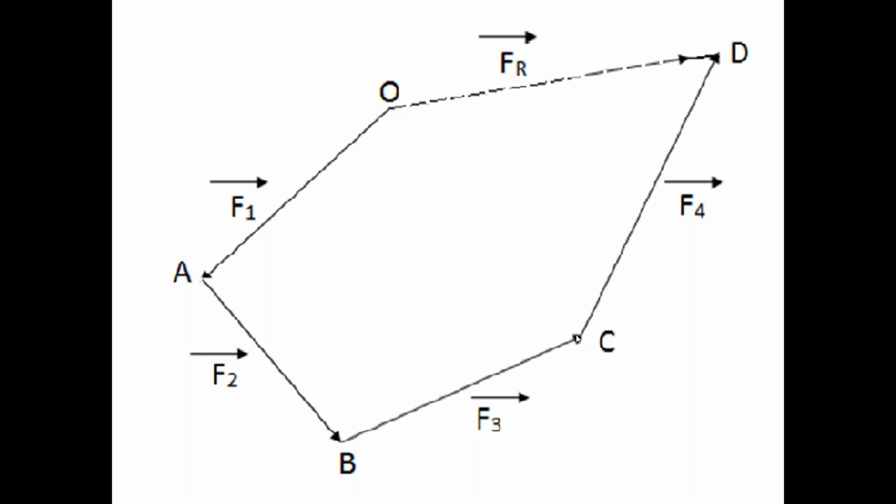So from point C, if I draw the force F4 bar, that force F4 bar joins the point O. So this OC is the F4 bar. If OC is the F4 bar, the polygon is a closed polygon.